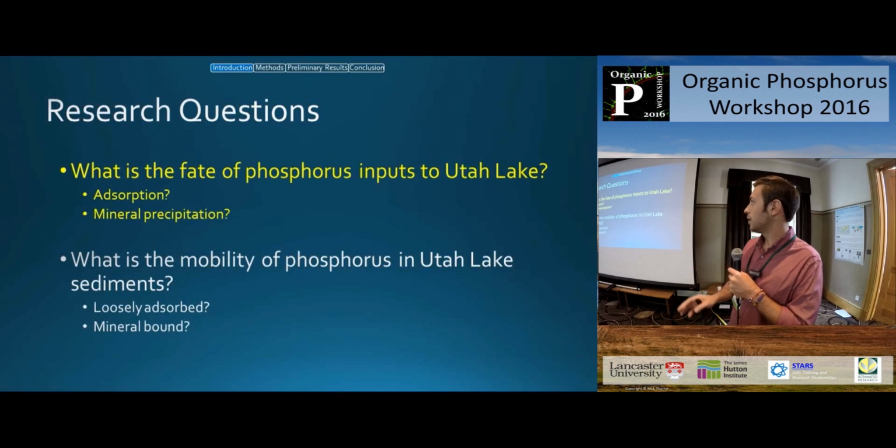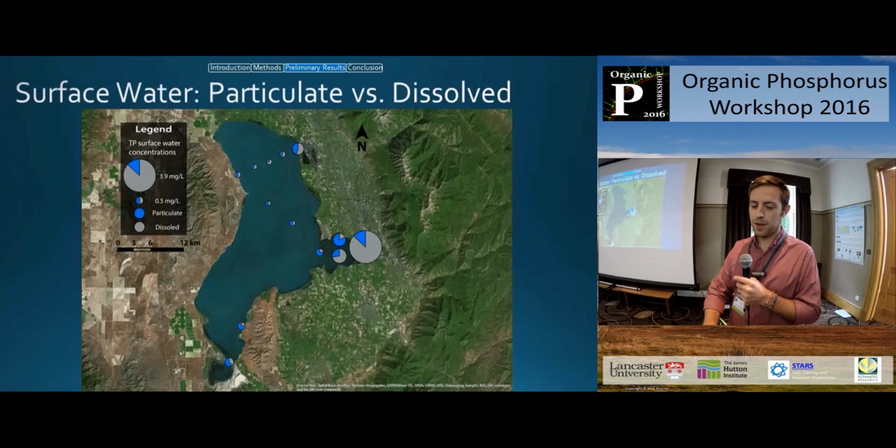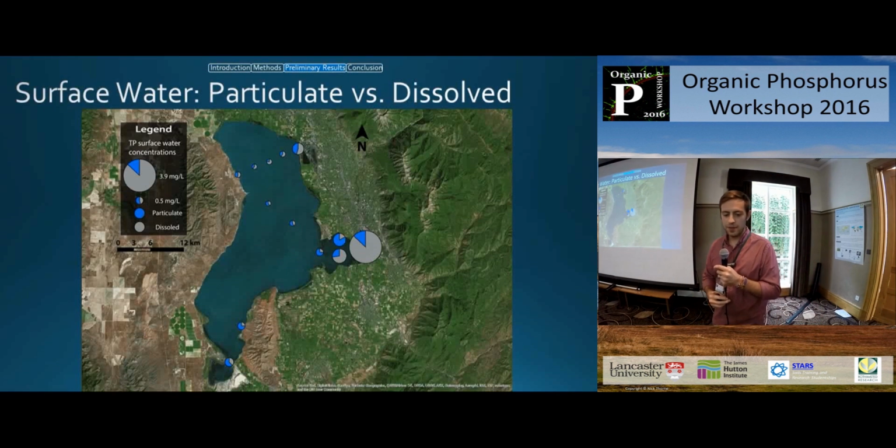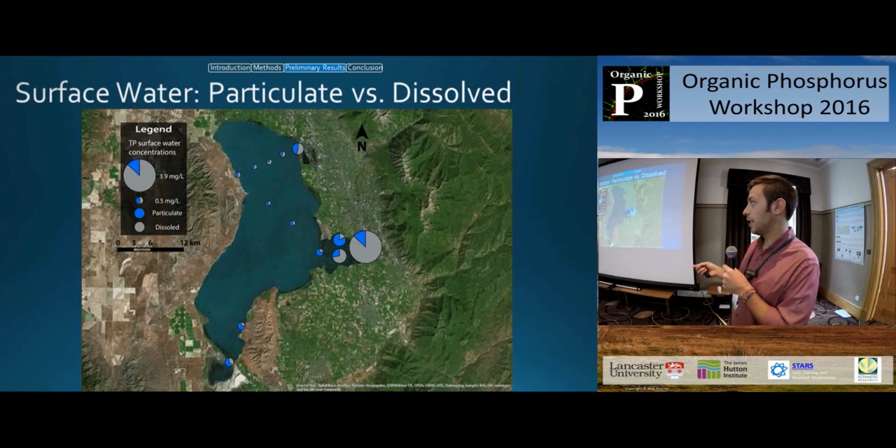The first question that I'm asking is, what is the fate of the phosphorus? From my preliminary data, we look at dissolved and particulate phosphorus. We say phosphorus is dissolved if it filters through a 0.45 micron filter.